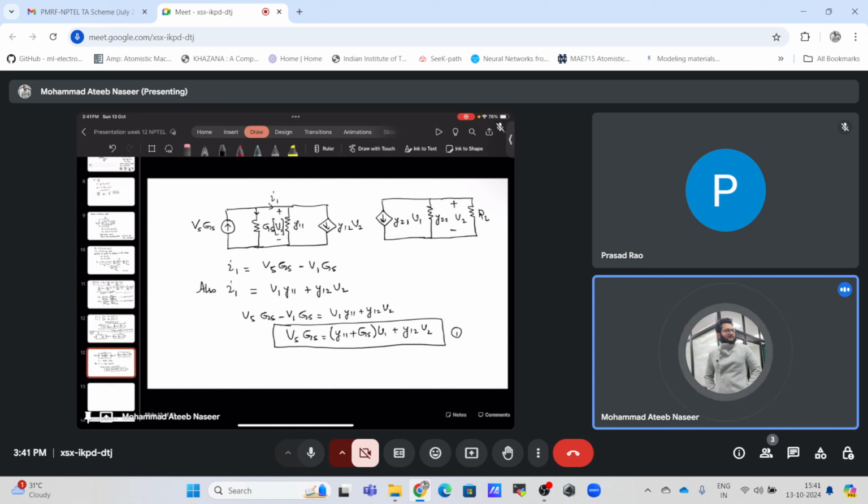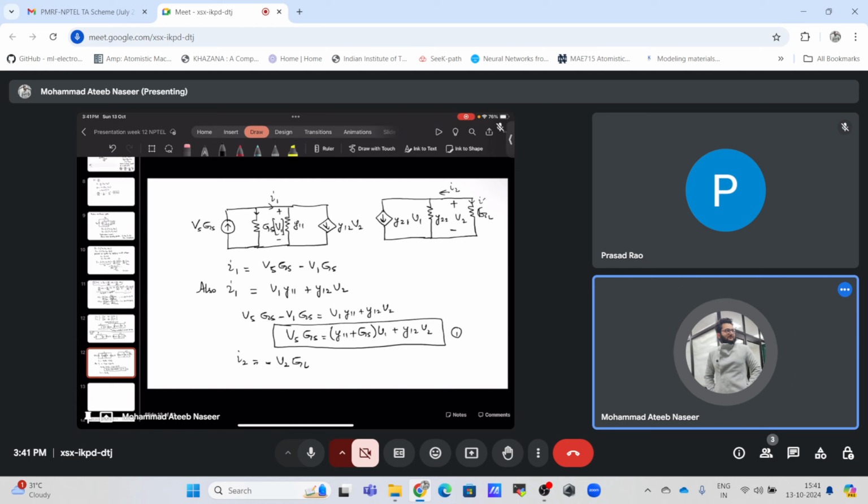I2 is simply the current flowing in this part of the circuit. I have represented the resistances with conductances, so it should be GL. So it is simply minus V2 times GL. Actually, the current I dash is V2 times GL, and I2 is minus of that current.